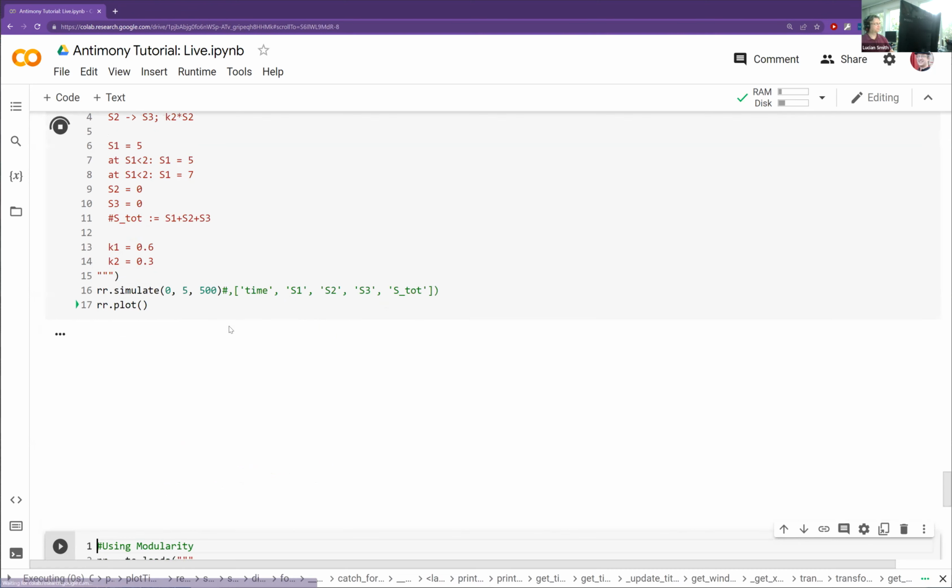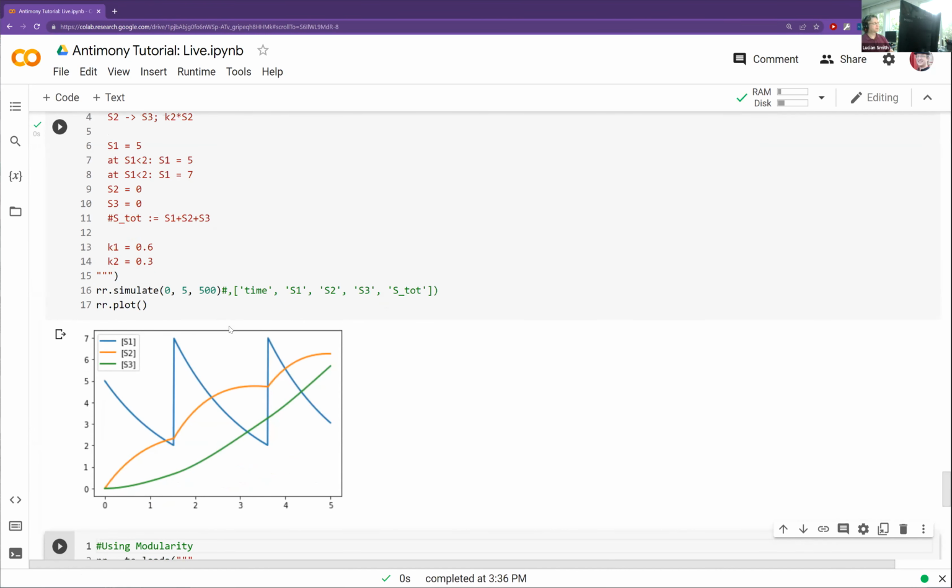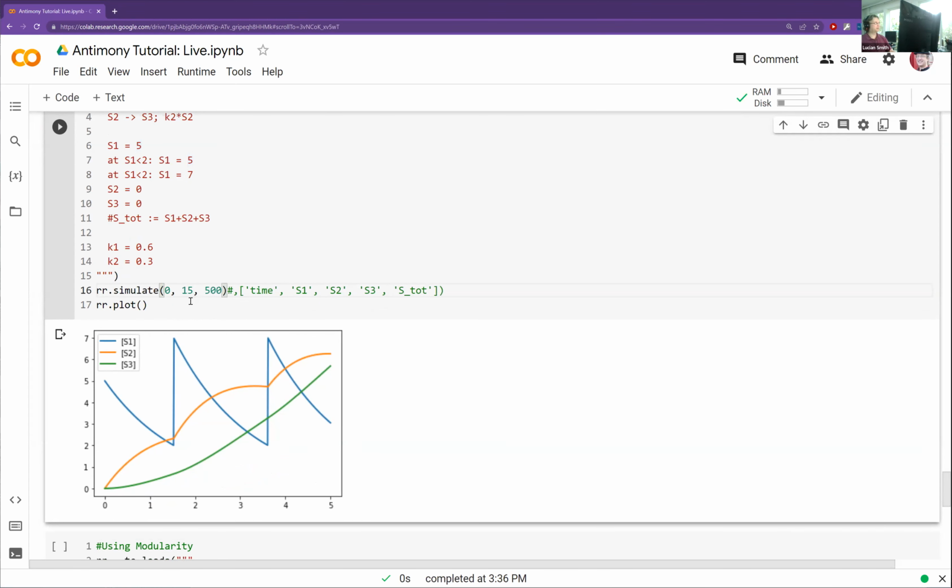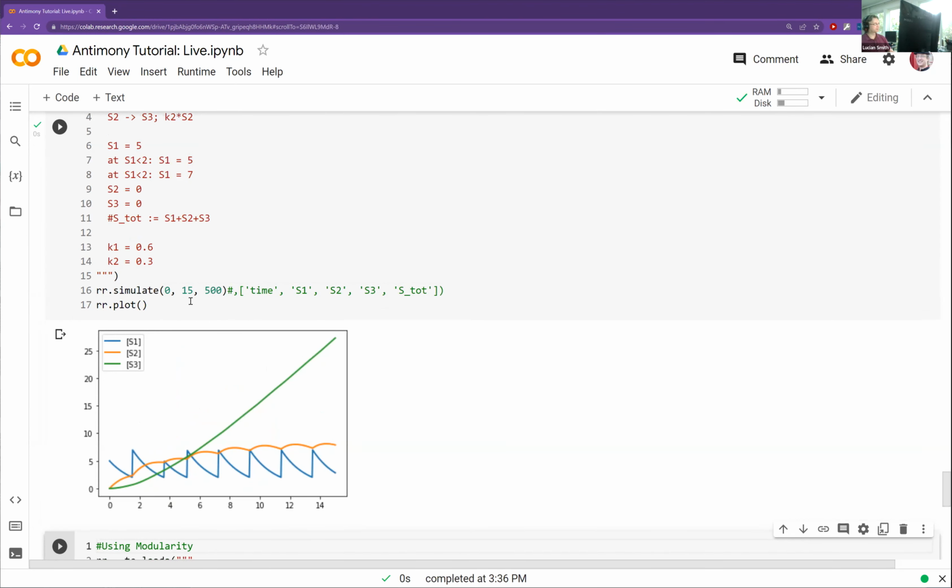All right. So we have 2 events, and let's simulate to 15, just to see. Oh, hey, look at that. So sort of randomly, and I'm not sure why, but non-deterministically, usually every time that event fired, it set S1 to 7, except for once when it didn't.